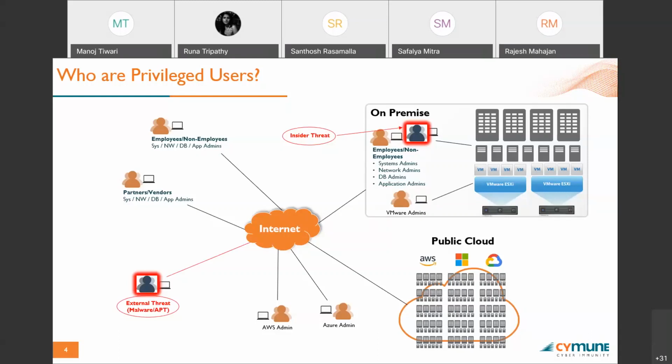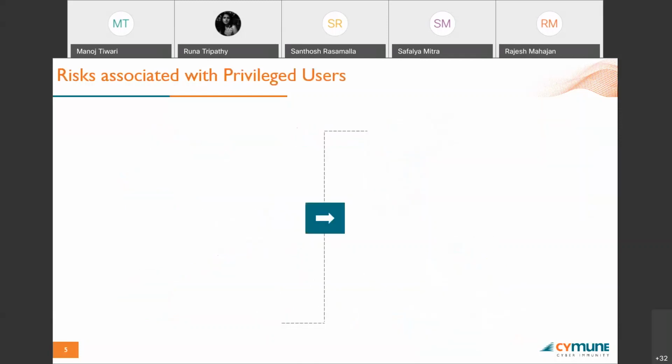And these external threats can also damage or create problems in your system. So these are basically the privileged users we talk about. There could be some internal users with some malicious intent trying to do something, and there could be some external user who might log in or steal the credentials, and then once they come into your network, they can really create some havoc, right?